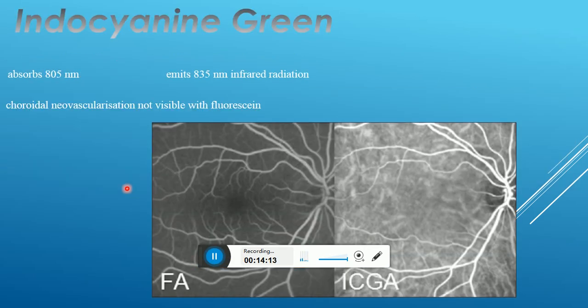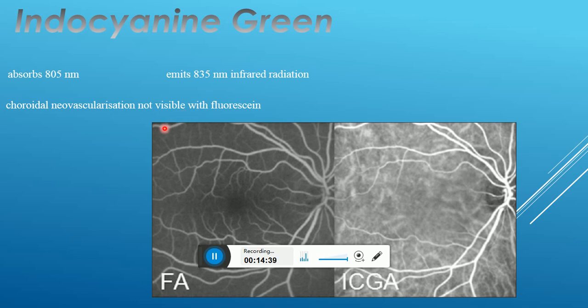Indocyanine green dye is a fluorescent substance which absorbs at 805 nanometer and emits at 835 nanometer in the infrared. The retinal pigment epithelium does not absorb these wavelengths, and it is therefore possible to observe fluorescence of the choroidal circulation after ICG administration intravenously.